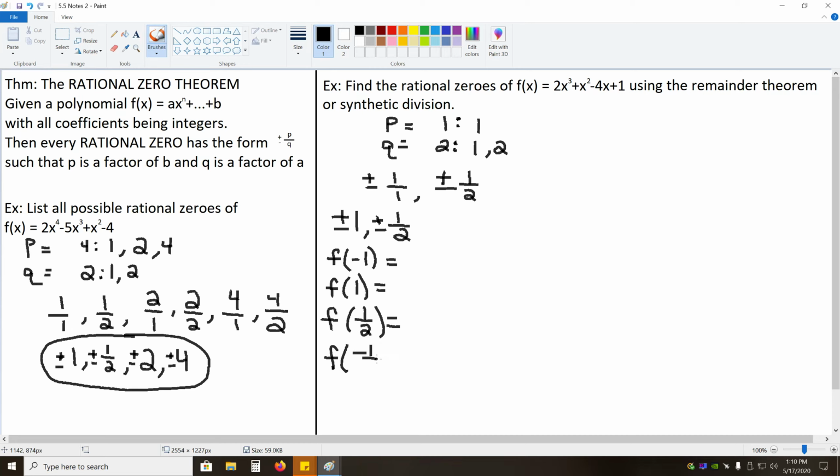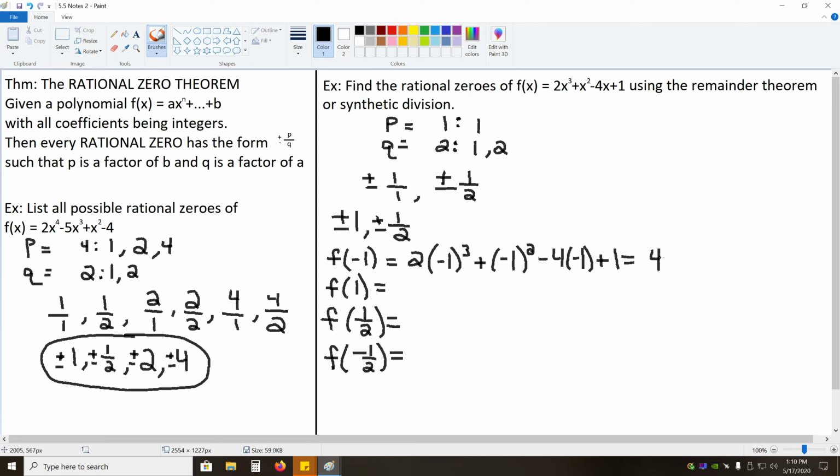And remember, if any of these result in a 0, that means they are a rational 0 of the original function. So plugging in -1, we get 2 times -1 cubed plus -1 squared minus 4 times negative 1 plus 1. Remember, you should always show your work. You should always be writing all of this out. And when you plug all of this in, you'll end up getting f of negative 1 equals 4.